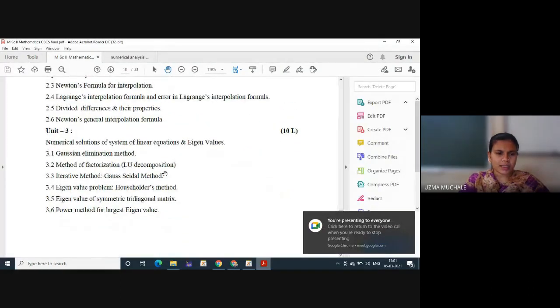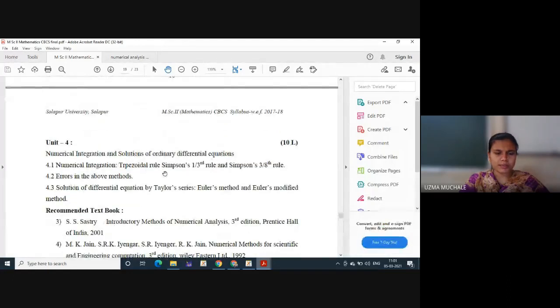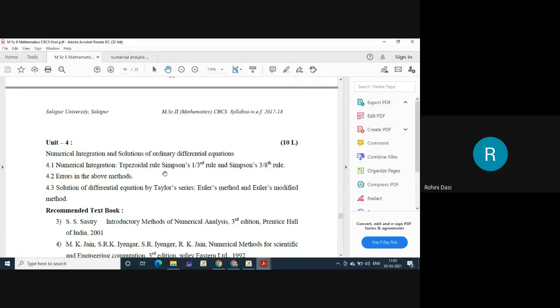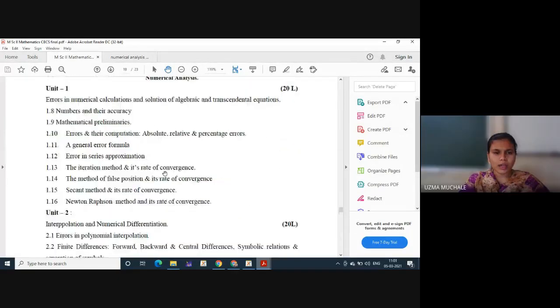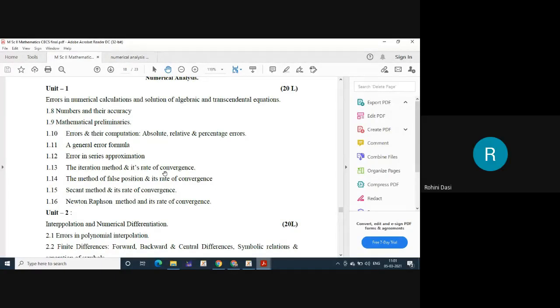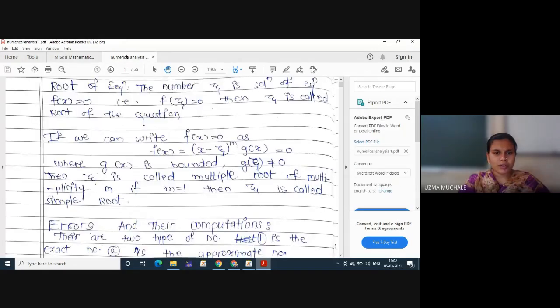Next, I think Simpson 1/3, 3/8, yes, ma'am, chapter also done. Okay. Have you studied error and iteration for method of false position, secant method, Newton-Raphson method? No, ma'am. Errors was not. Okay. So for that, let me go for this.